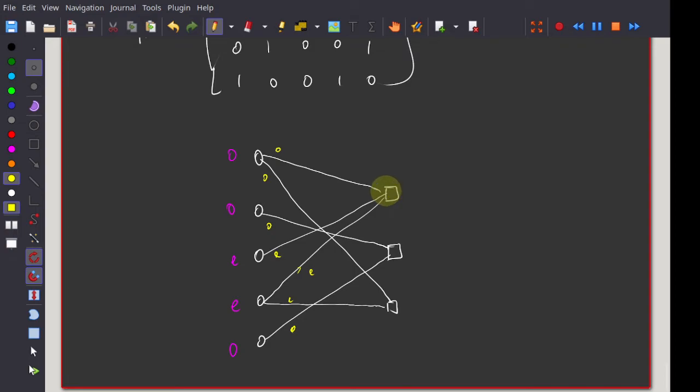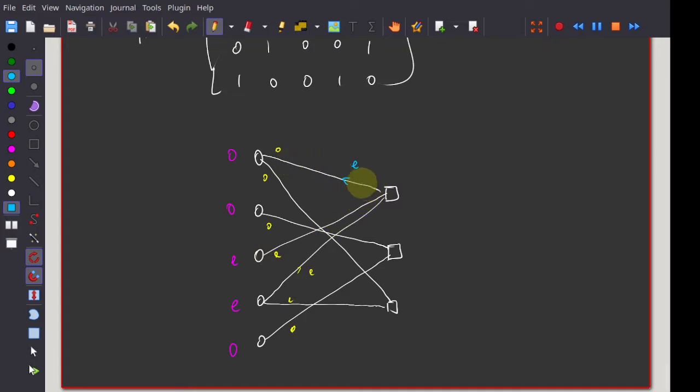Now you need to compute the messages from the check nodes to the variable nodes. Suppose I want to find the message along this particular edge, from this check node to this variable. You look at all the other incoming messages. I have 2 erasures, so both of them are erasures, and it's going to be erasure. What about this one?